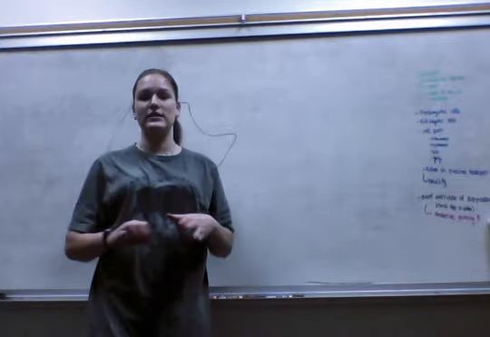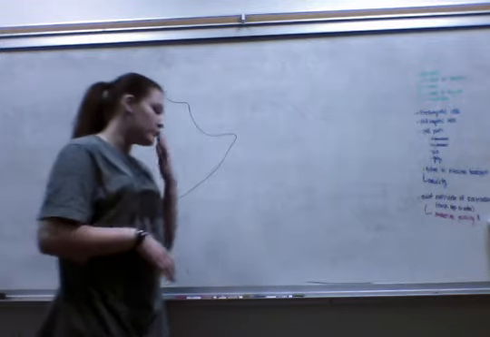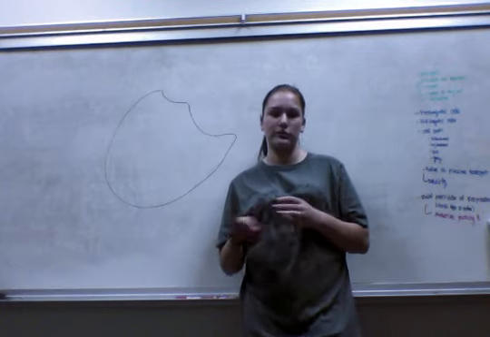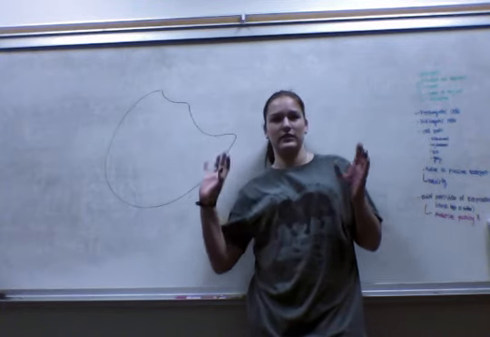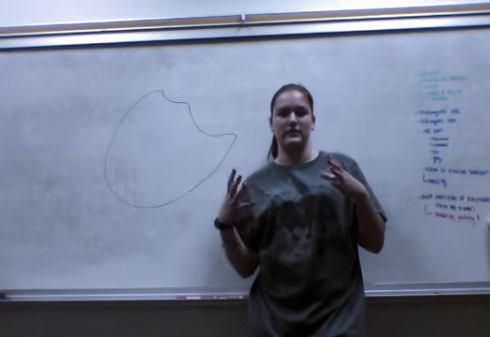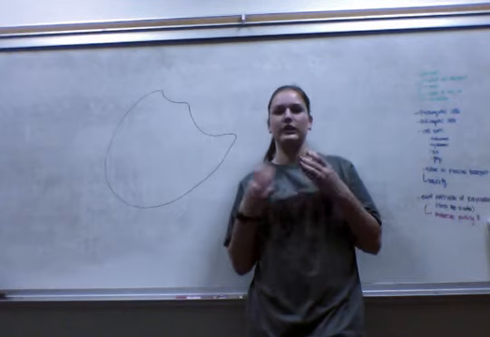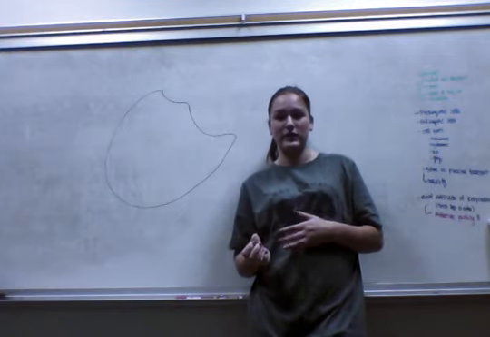So, with enzymes, I've got a kind of crappy one drawn here, but enzymes are proteins, and that's a really big thing to understand, is just that they're proteins. After a whole series of protein synthesis and folding, you're going to end up getting your enzyme. And what they do is they speed up reactions.